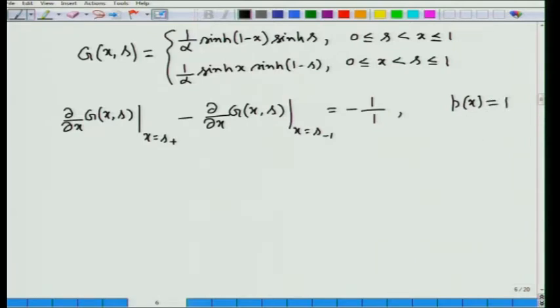So, p(s) will be equal to 1. So, this is nothing but minus 1 by 1, and this x equal to s plus means x greater than s.